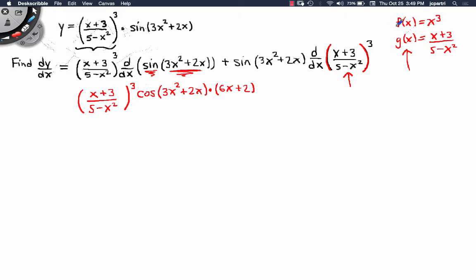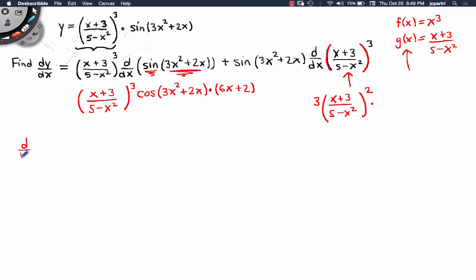So first we find f prime. That's going to be 3 times g of x squared, so that's x plus 3 over 5 minus x squared, times g prime of x, which is the derivative of this.